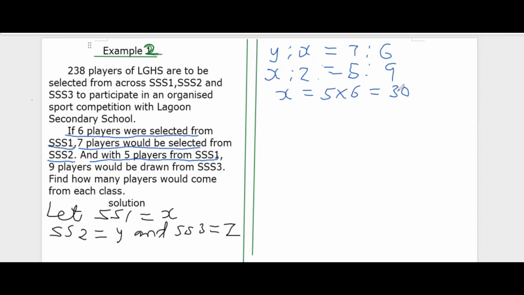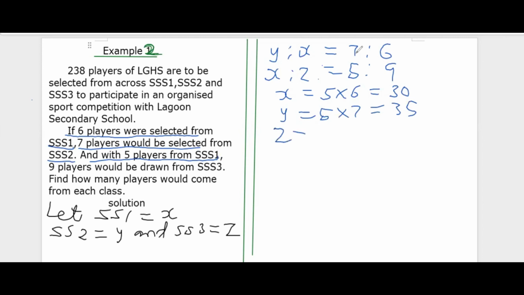What was used to divide 30 to become 6? It is 5. That means if you use 5 to multiply 6, you get 30. The same factor must have been used for Y, which is also 5. So Y will now be 5 times 7, which is 35.